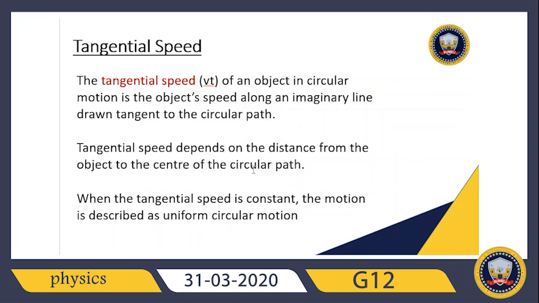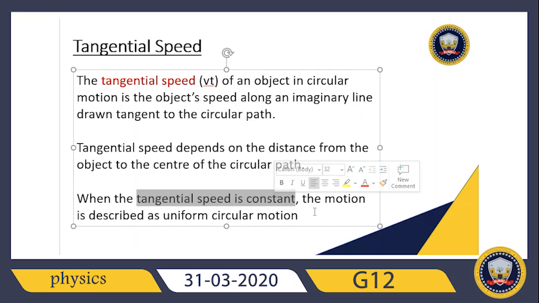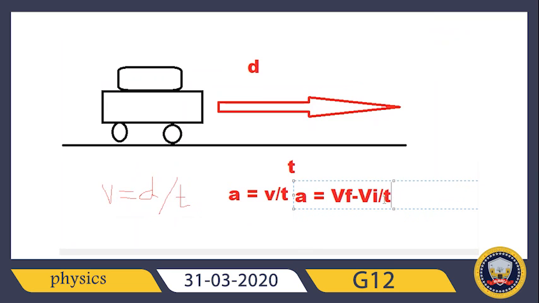Now my question: if we have a constant tangential speed, does that mean the acceleration equals 0? Yes, in motion in one dimension, a straight line. But in circular motion, no. Why?